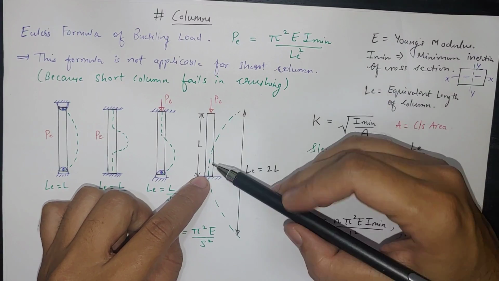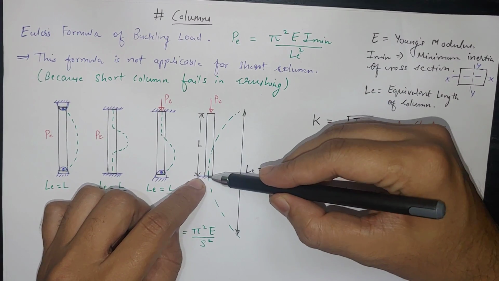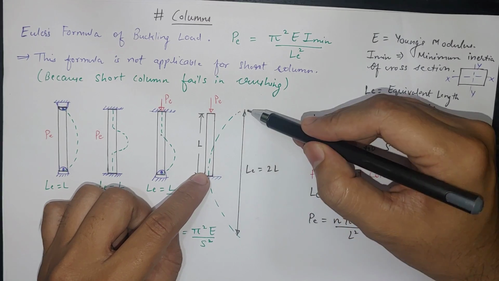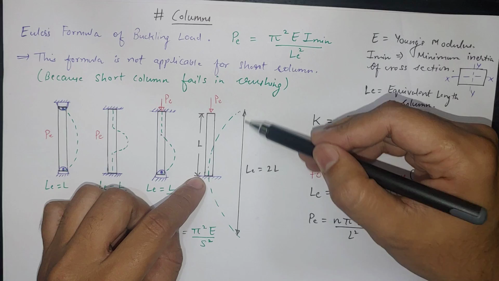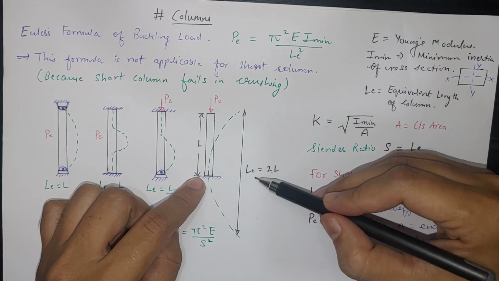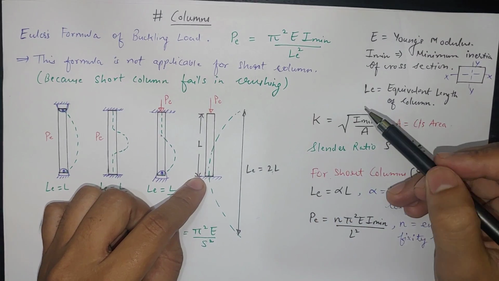And for one end free, it will simply buckle like this. If we connect the same arc and form a perfect arc, then the total length will be 2 times L. So this shape is twice the length of the column, and the equivalent length will be 2 times the length.